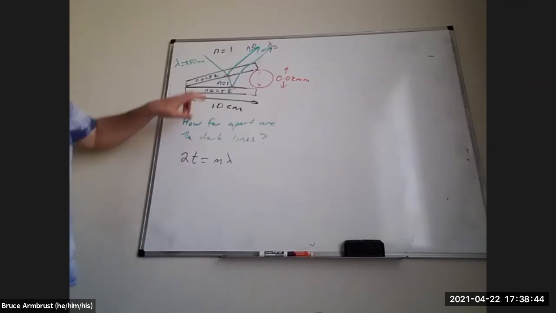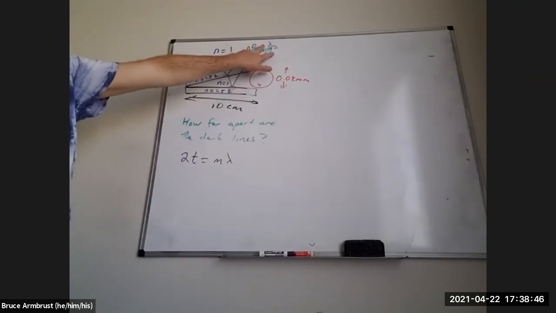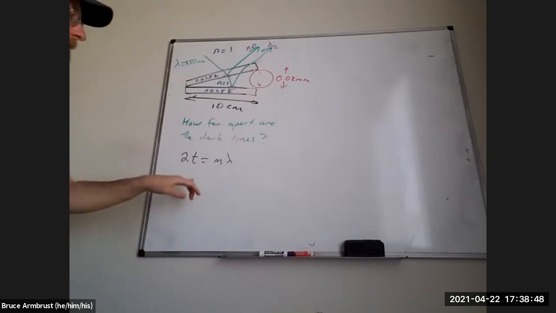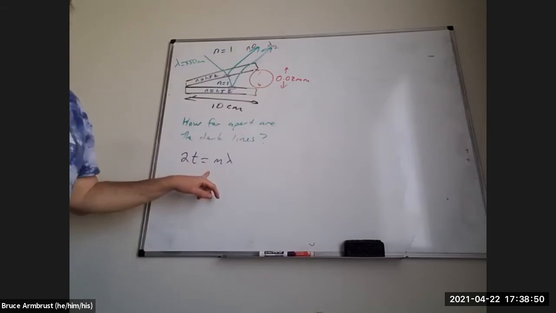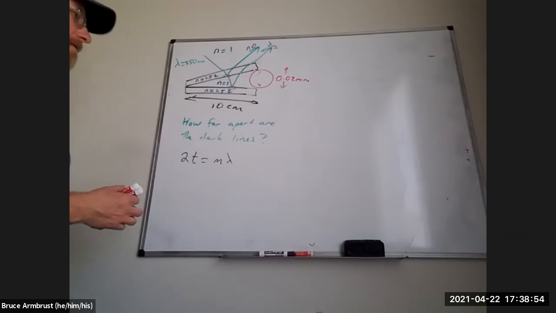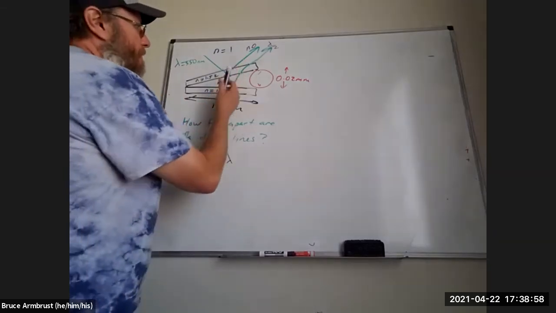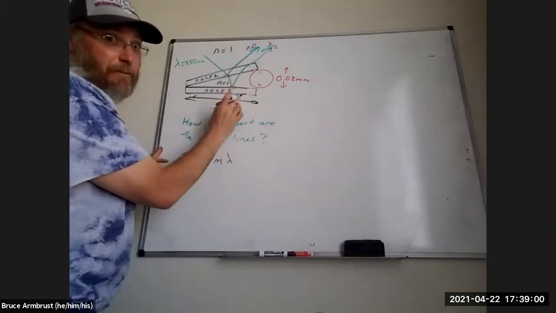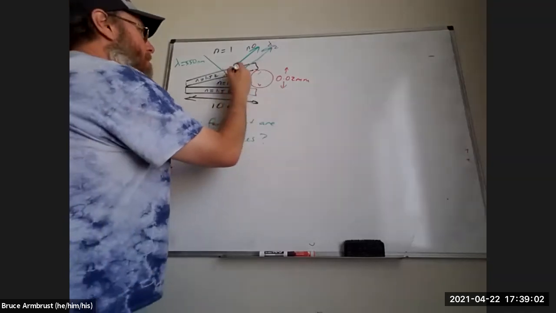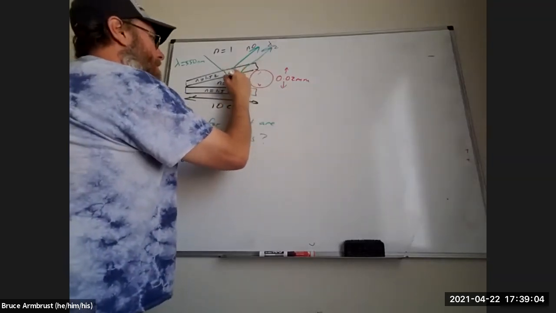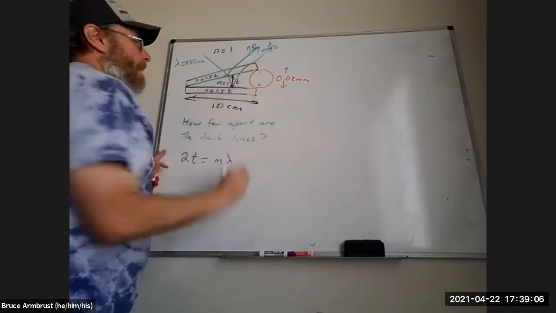Okay, so since those things are out of phase by half a wavelength, that means that the extra distance traveled needs to be a multiple of lambda, right? And that extra distance traveled, again, I exaggerated. Remember, these are supposed to be more vertical, but that's basically that right there.